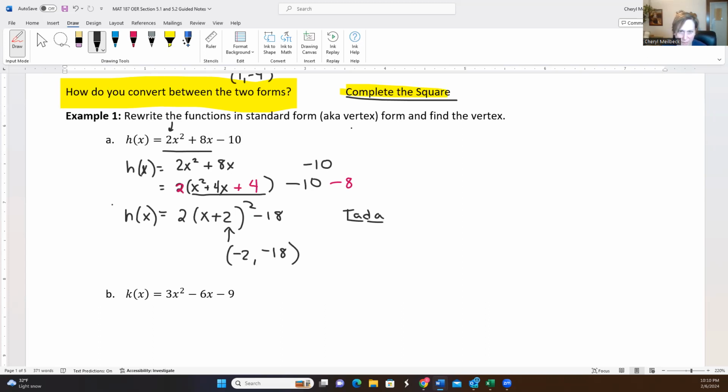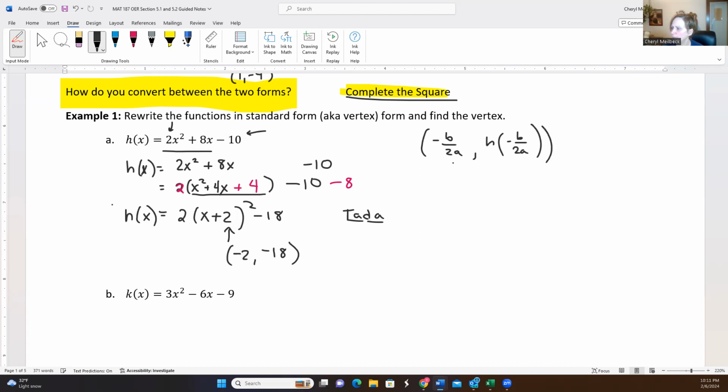Now we can confirm that. So let's check it. If you recall, the way to find this without putting your quadratic function in vertex form is to find your vertex by taking -b over 2a from this form and then substituting that into the function. Since this is an h function, we're going to substitute it into the h.